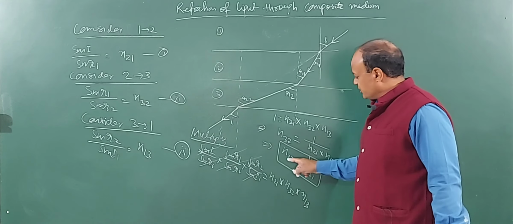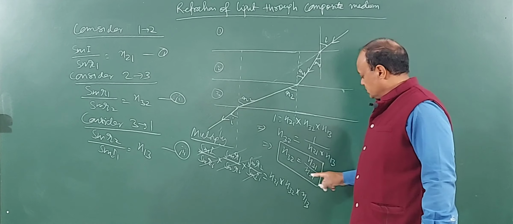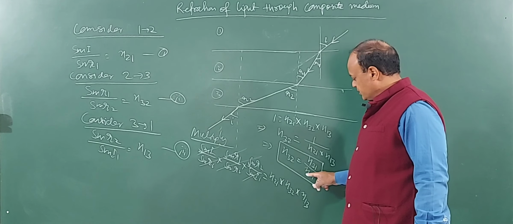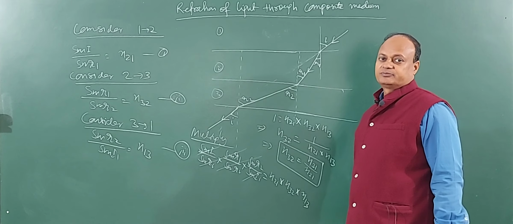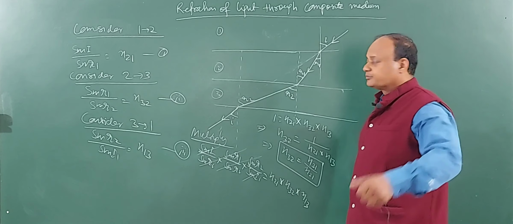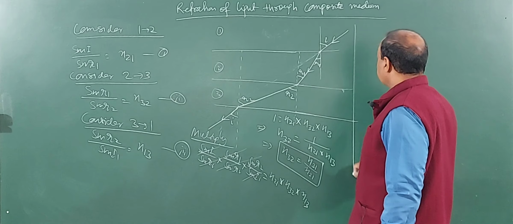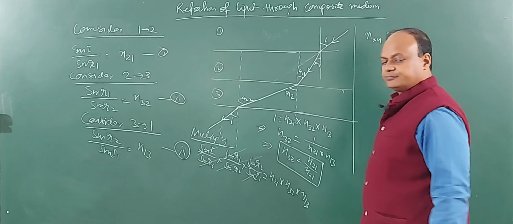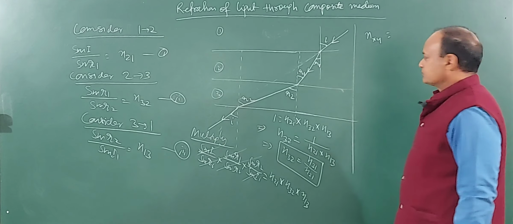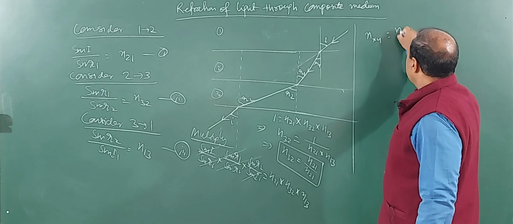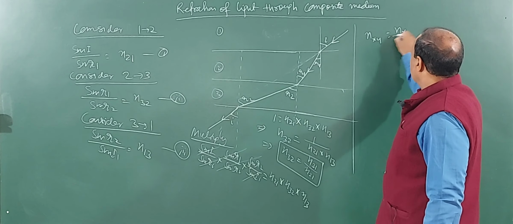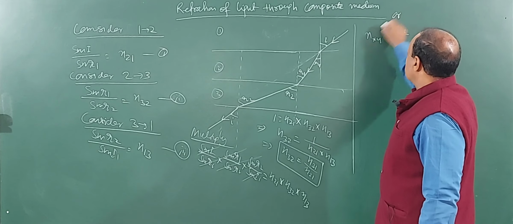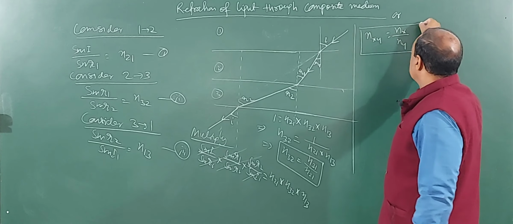The refractive index of 3 with respect to 2 is the refractive index of 3 with respect to 1 divided by that of 2 with respect to 1. We can also say that the refractive index of x with respect to y is equal to nx divided by ny. Okay, this is another way to remember this.